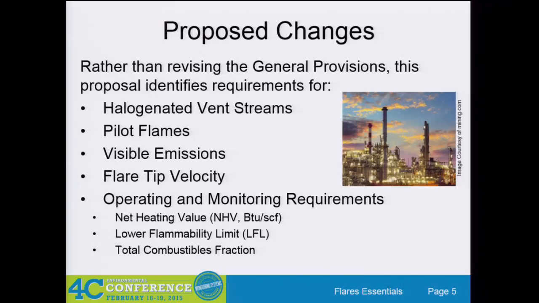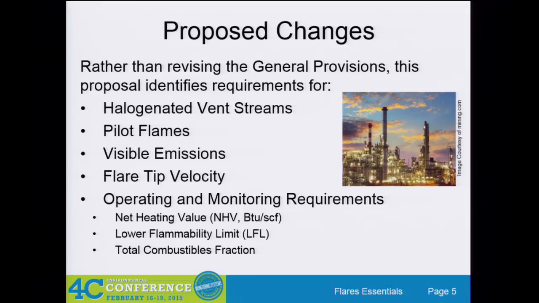In all the rules, they're saying we're going to remove that statement that says you should follow 63.11. They're removing that requirement, instead putting the requirements to follow the provisions in MACT EC instead of pointing you back to 63.11. So they are removing those duplicative requirements.